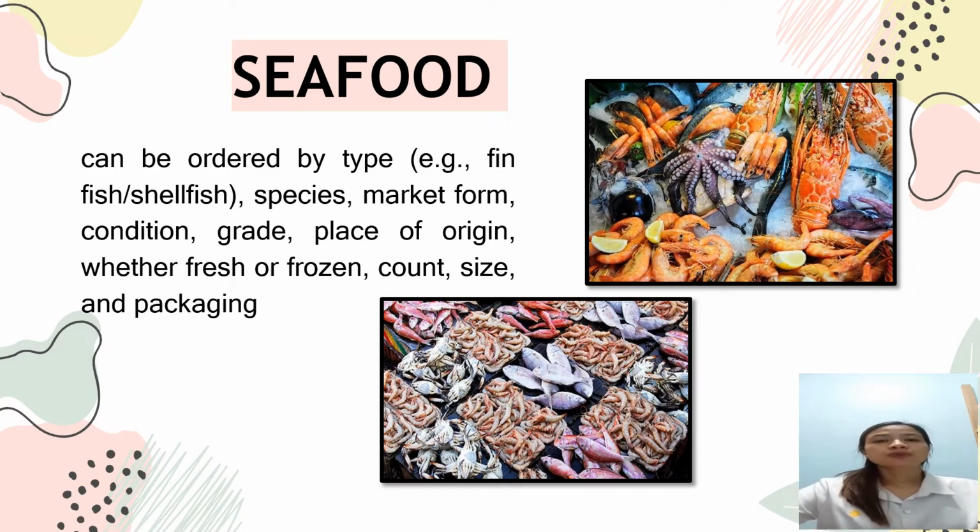Number 2, we have seafood. It can be ordered by type, fish and shellfish, species, market form, condition, grade, place of origin, whether fresh or frozen, count, size, and packaging. For example, in buying fish, we need to specify the type of fish. We need to buy milkfish, blue marlin, or yellowfin.